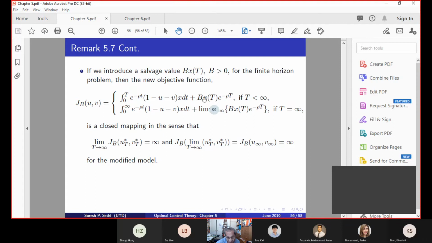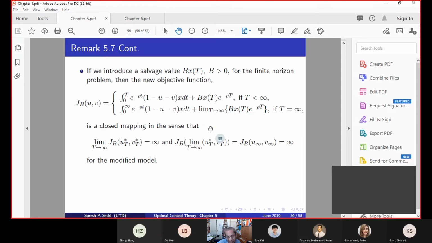And if you take the function of the limit, it's also infinity, because if you include that, this becomes 0, but this becomes infinity. So the modified model, when you have a salvage value, such infinite horizon problems require a salvage value as a limit.